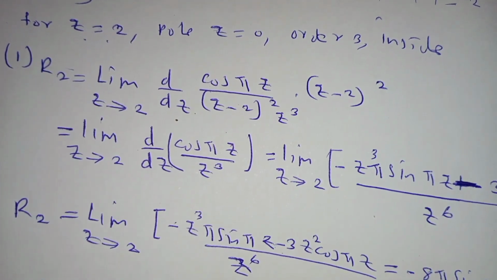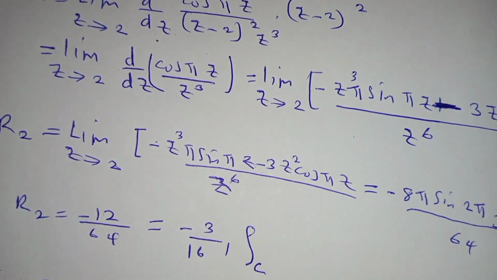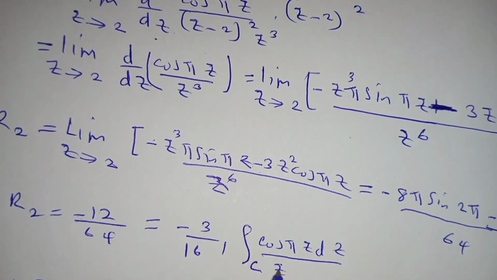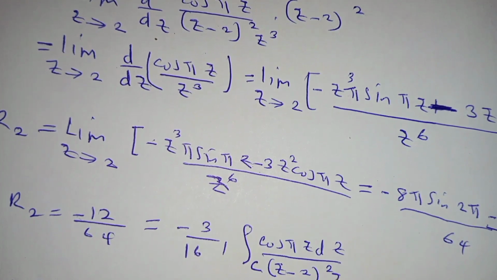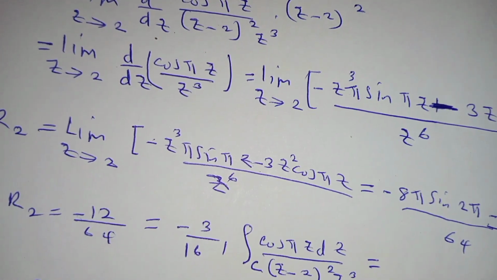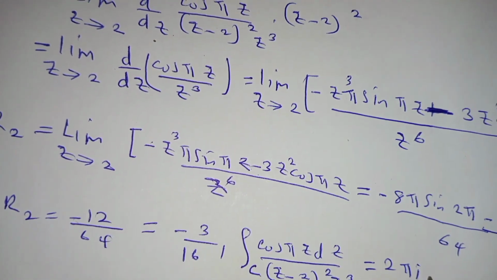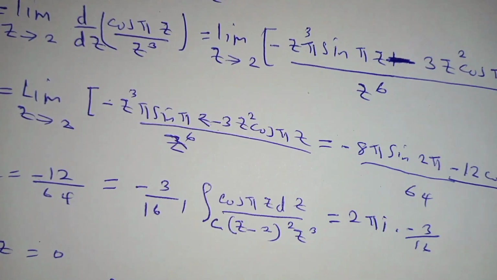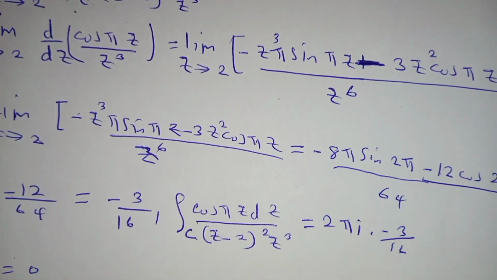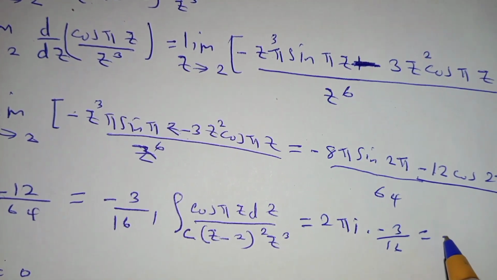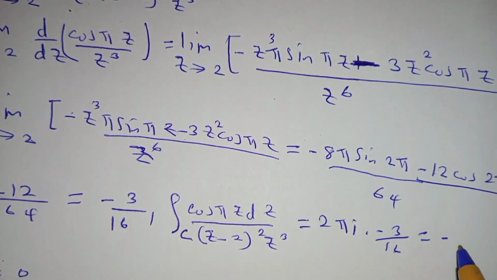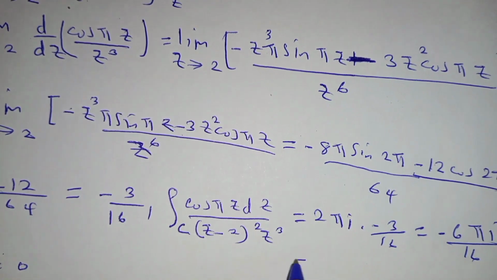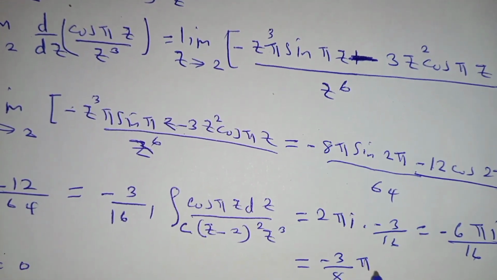So the integral of cos of pi z dz over z minus 2 squared z cubed is equal to 2 pi i multiplied by negative 3 over 16, which is equal to negative 6 pi i over 16, which can be reduced to negative 3 over 8 pi i.